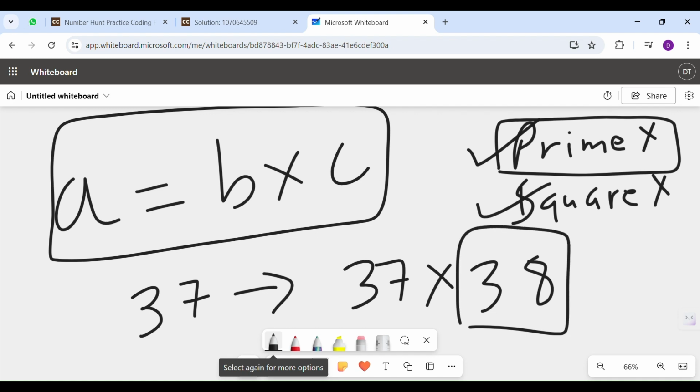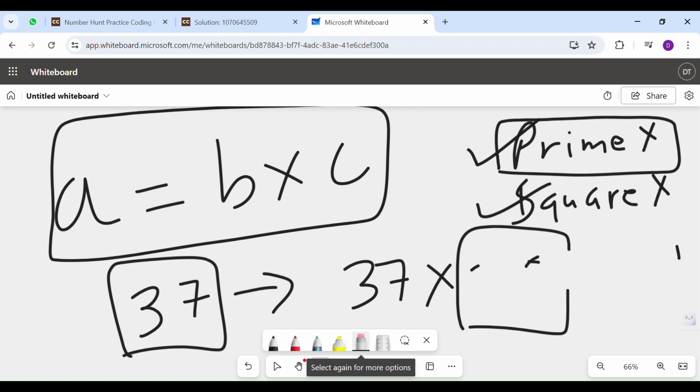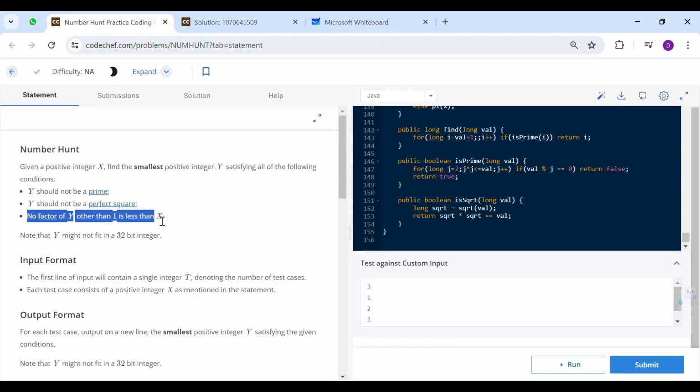But 38, when further decomposed into factors, gives us 2 and 19, which will make our condition false, since all of the factors should be more than or equal to x. But if I use two prime numbers like 37 and 41, then these two prime numbers are not at all decomposable into any more factors, which is why this condition becomes true.